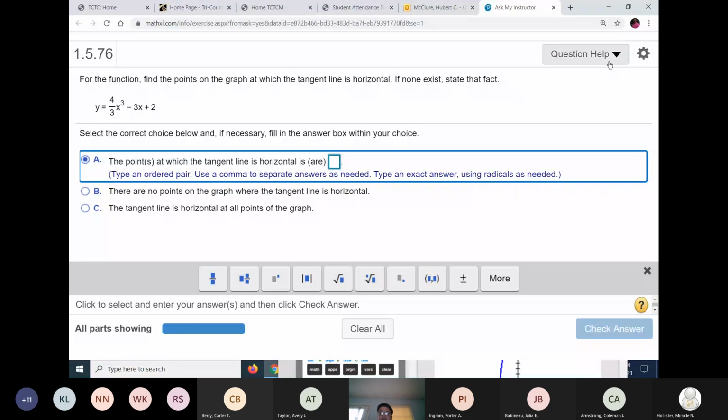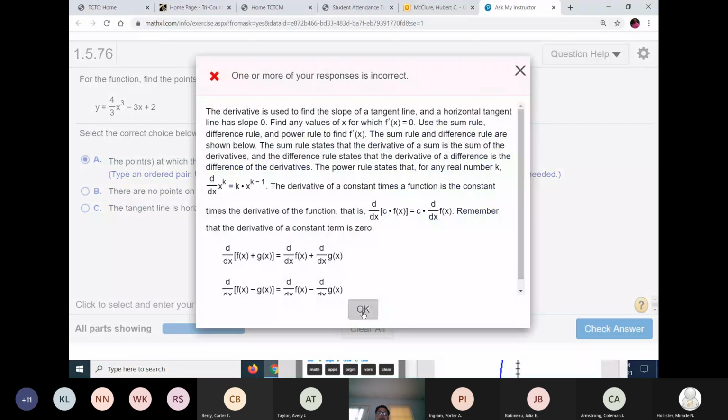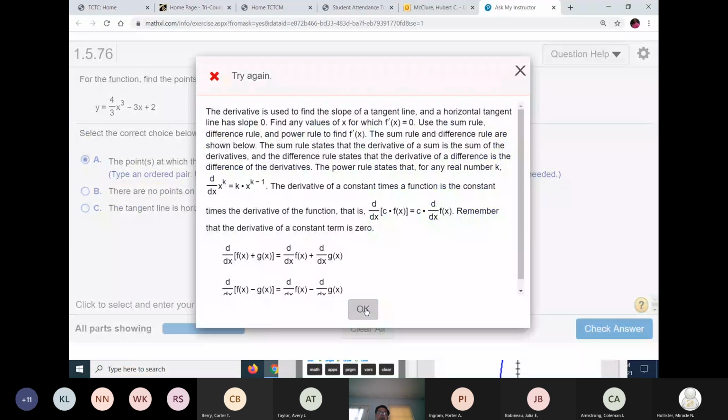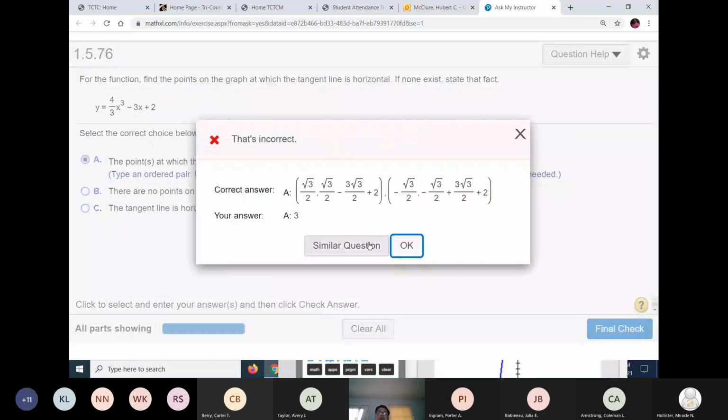I'm just going to type in 3. And there are your answers right there. I believe if you do the calculator, you're going to get those same numbers. There's your negative, and there's your positive.